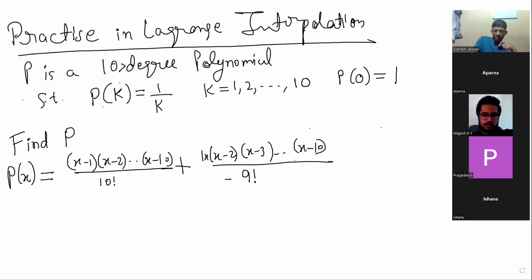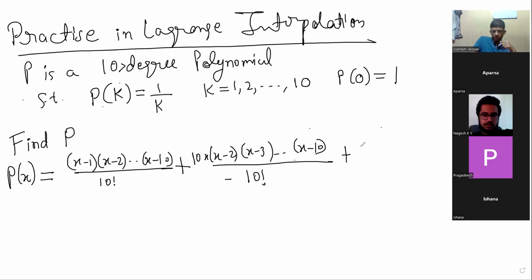And so what maybe I will do is, you can try to see some pattern. So this one I will write as 10 factorial only, but I will write this 10. Now the next term, I'll just write it.